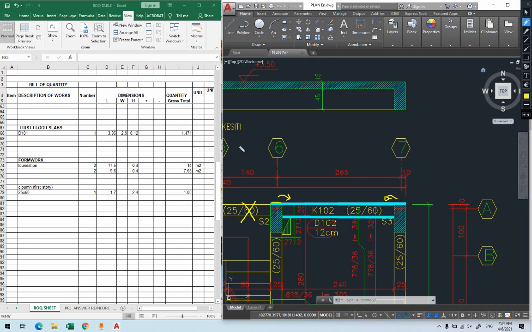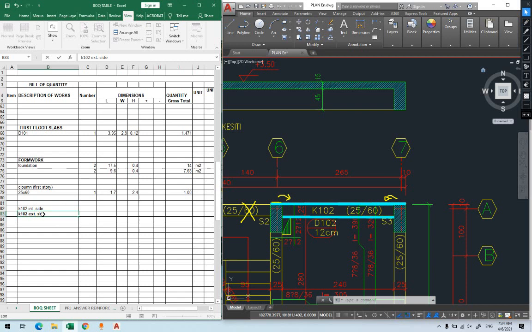Well, let's write it here. So I'm writing this beam to see how we're doing it. We have beam, we'll write it K102. Now I'll write interior side. And I have another one, K102, that will be the exterior side of it.